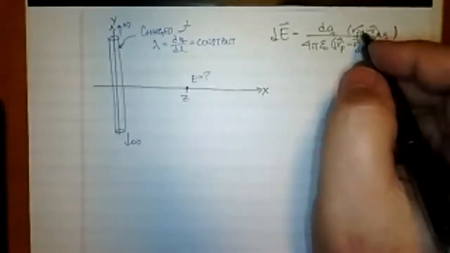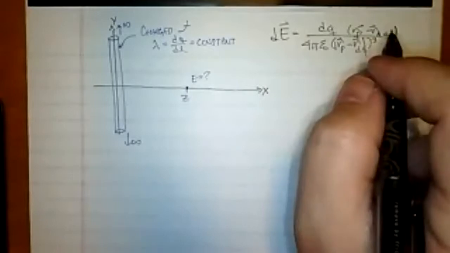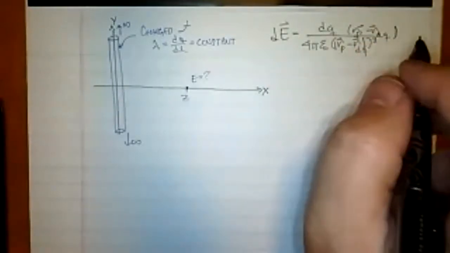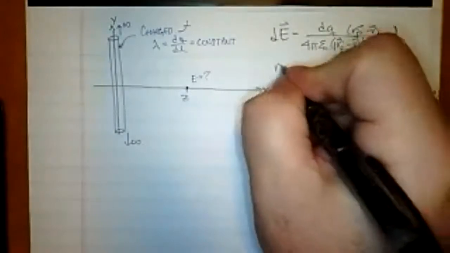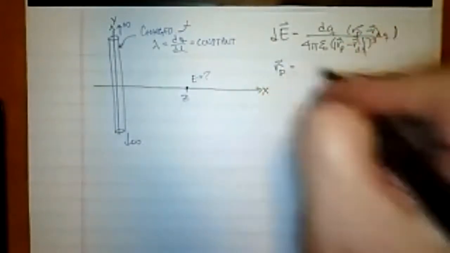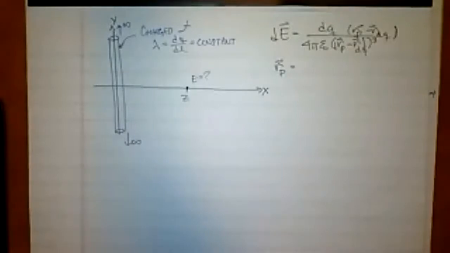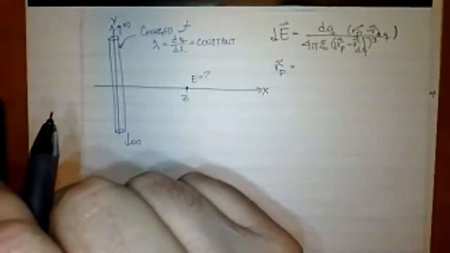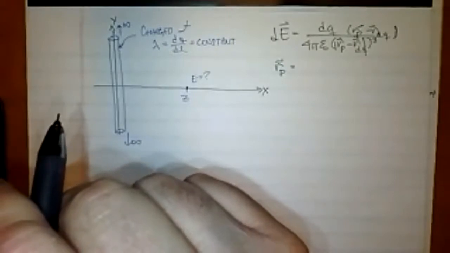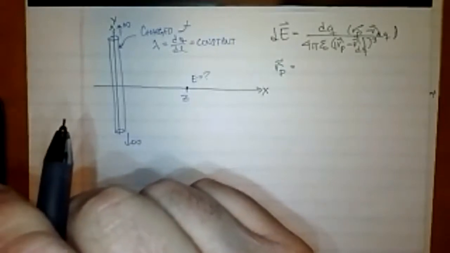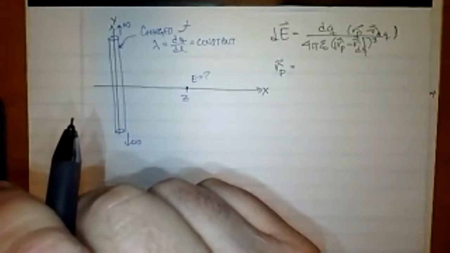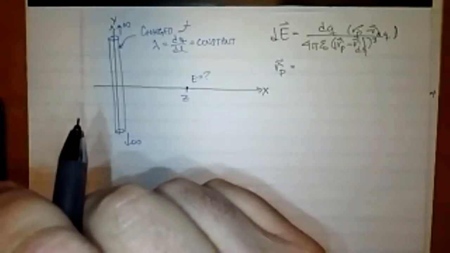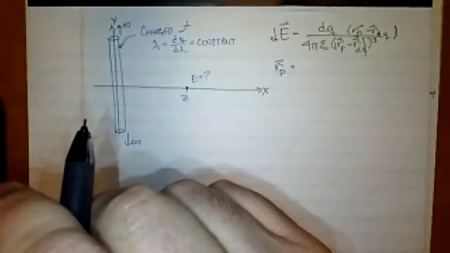I need a vector rp. Remember in our diagram, rp was the vector that pointed from the origin to the point at which we wish to know the electric field. So can anybody tell me what the vector rp is? Can anybody tell me how long it is? Wouldn't it be like the Pythagorean of the coordinates of P?